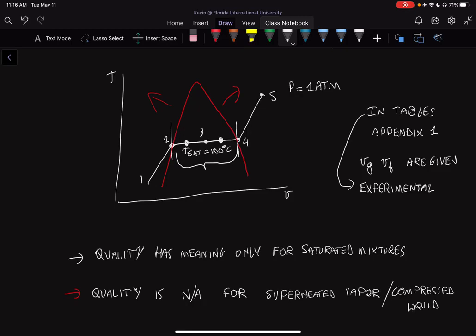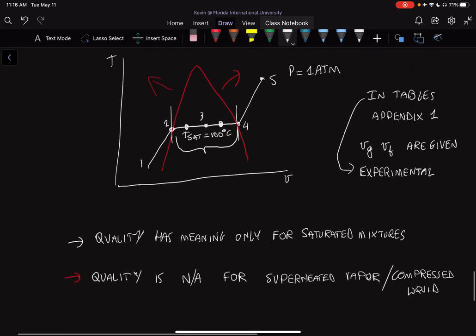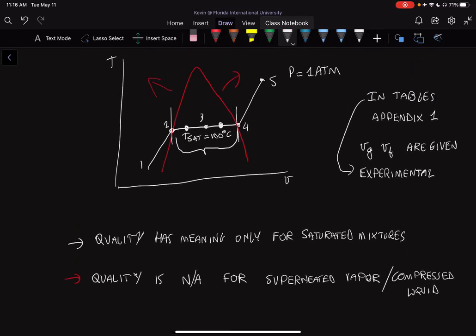So quality essentially in our graph above starts at 2 and ends at 4. Those are the bounds of our quality.